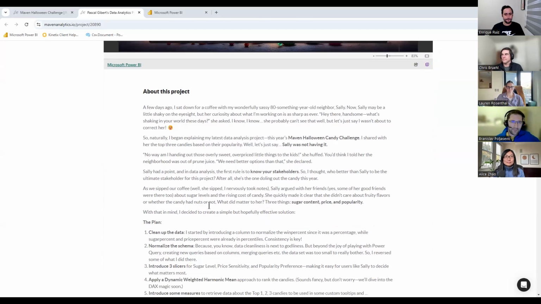If you start reading through the About section, Pascal actually wrote a little bit of a story introduction where he paints a sort of idyllic picture in the neighborhood, talking about trick or treats with his neighbor Sally, and they're kind of having an argument where he's presenting his popularity data, and she, as a person who has been doing this for a long time, disagrees, and from that story stems his analysis.